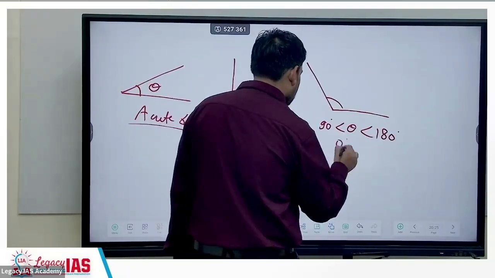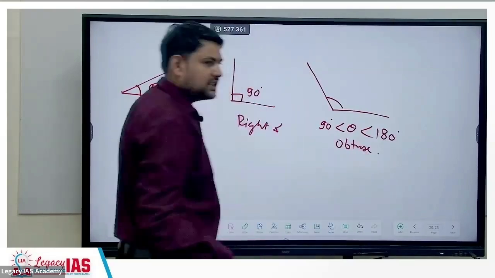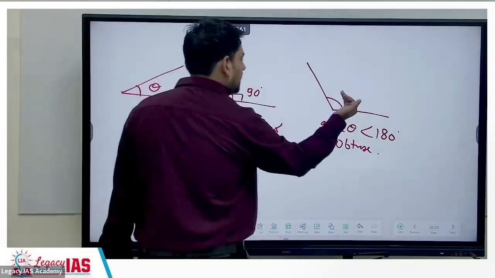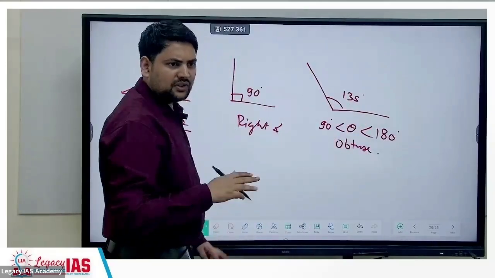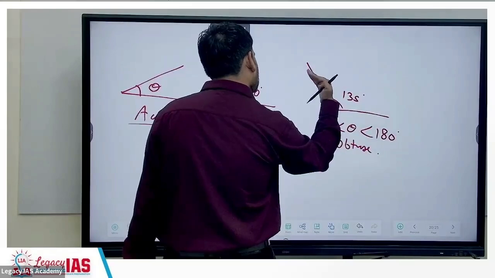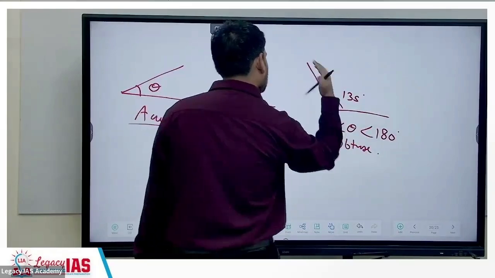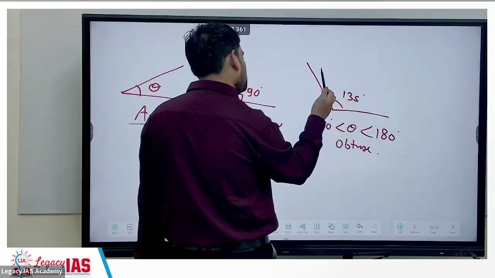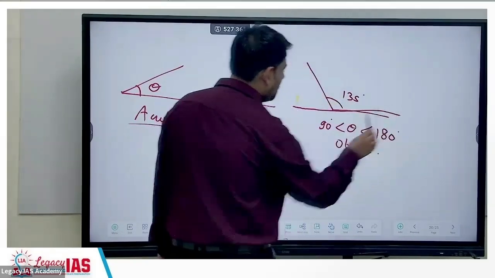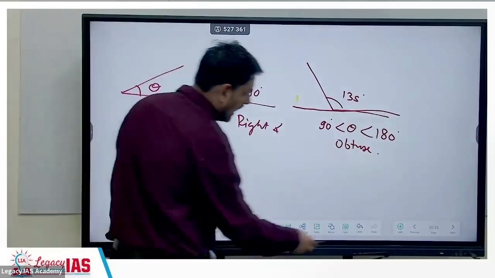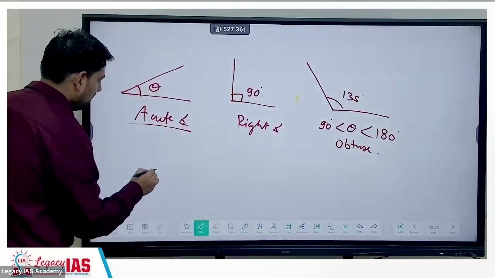This is called obtuse. Now if you keep on rotating, let's say this is 135-degree, just for example. If you keep on rotating this line, eventually you will reach a place where this is a straight line. So that is called a straight angle.